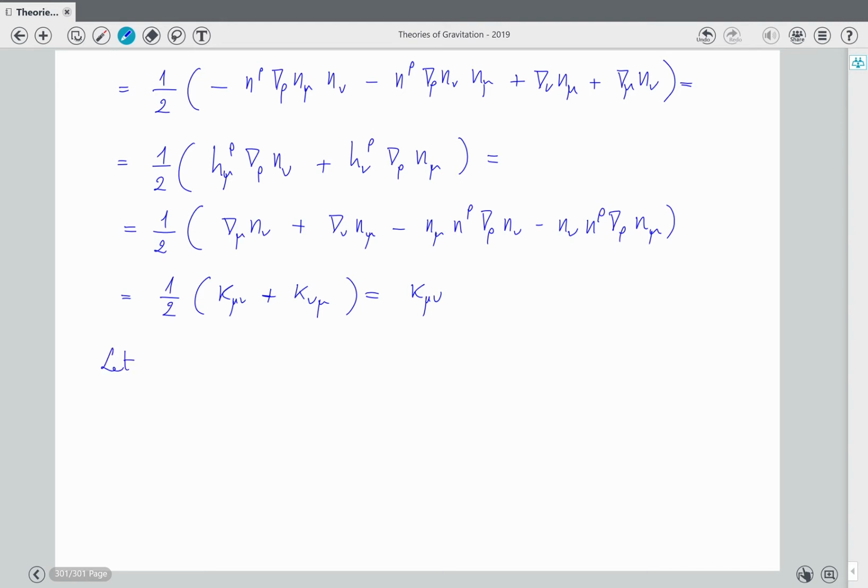Now let sigma tau denote a family of submanifolds.